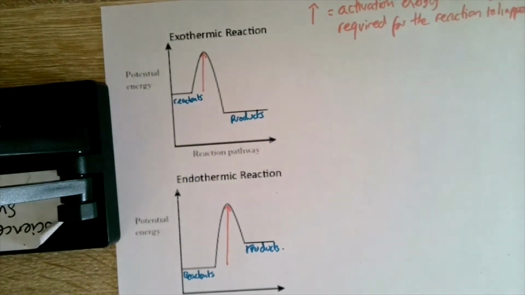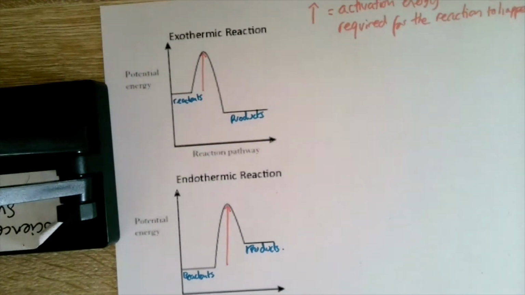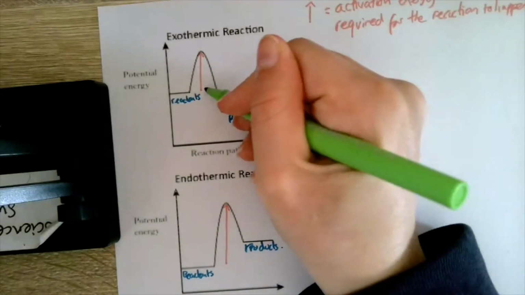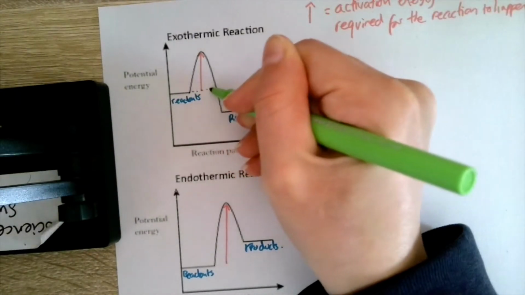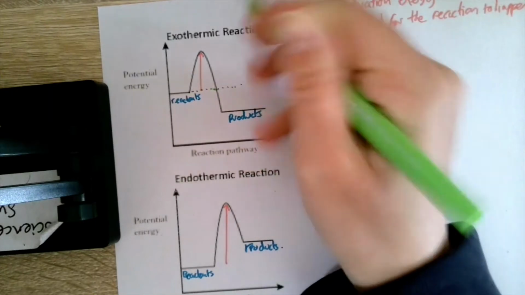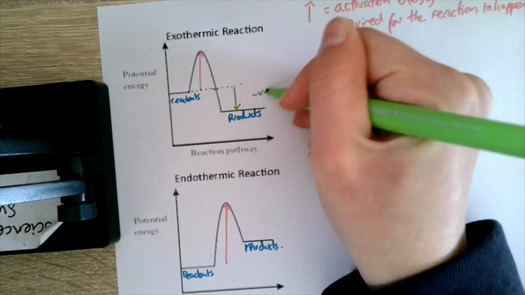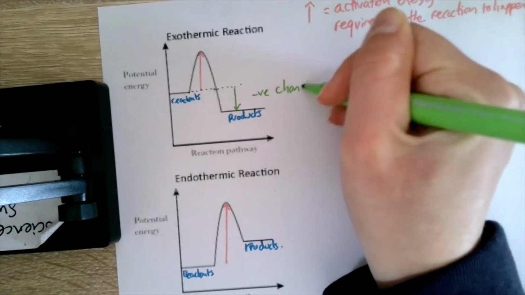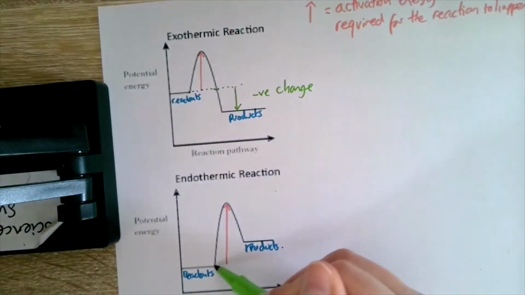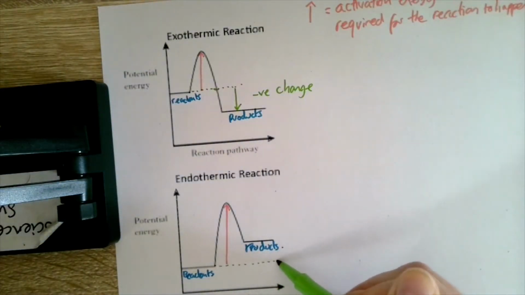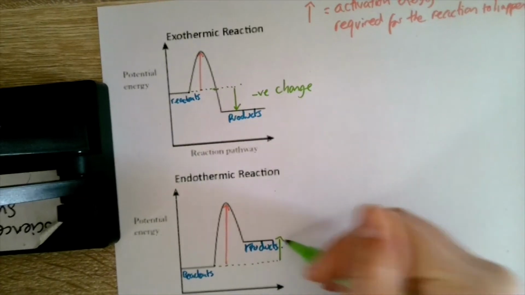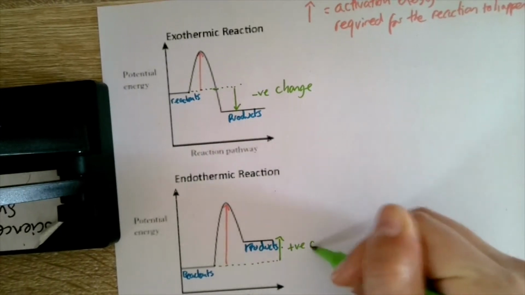Another thing that we can look at is our overall energy change. So from where our reactants are to our products, we've gone down, so this is a negative change. Whereas here, where our reactants are to our products, this has been a positive change.